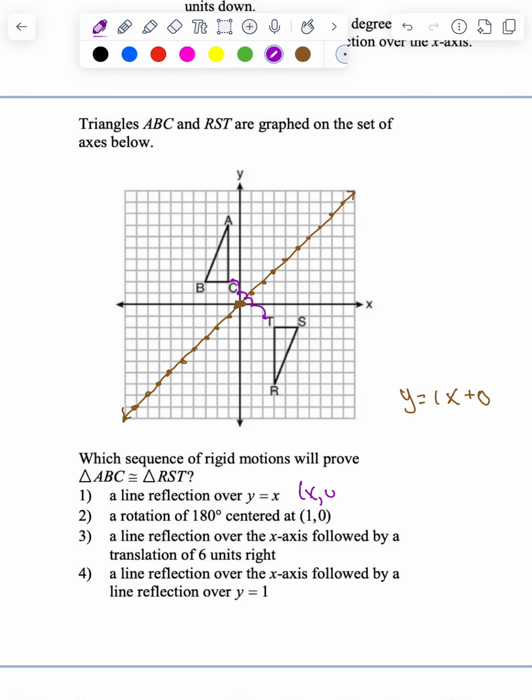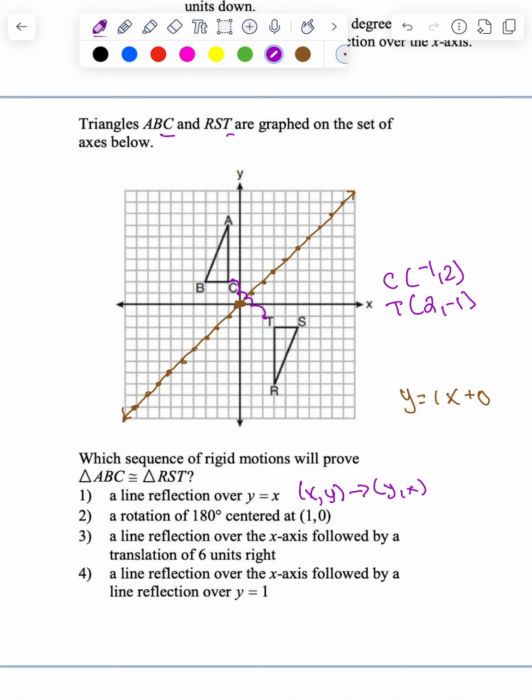You take your original point, and all you do is you switch the order. So for example, point C, which I know has to match up to point T, and I just selected point C first, has the coordinates -1, 2. So I know T should be 2, -1.